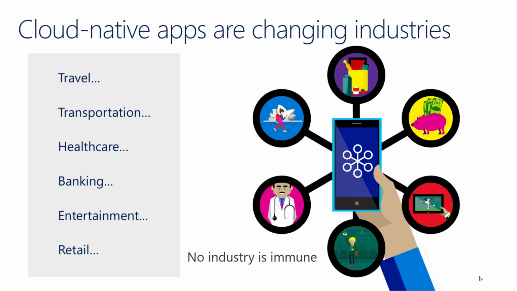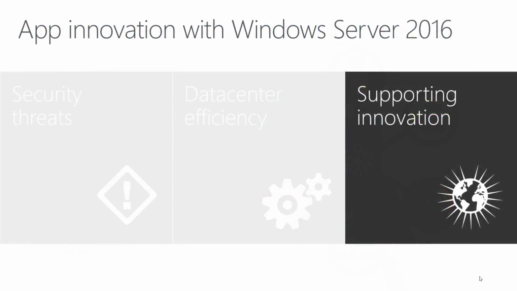So some of the ones that are listed here: travel, transportation, healthcare, banking, entertainment, retail. To list them, it doesn't really pay tribute to what's really going on, which is that every industry really needs to be thinking about how they stay relevant, or at least the players in each industry need to start thinking about how they stay relevant in this case.